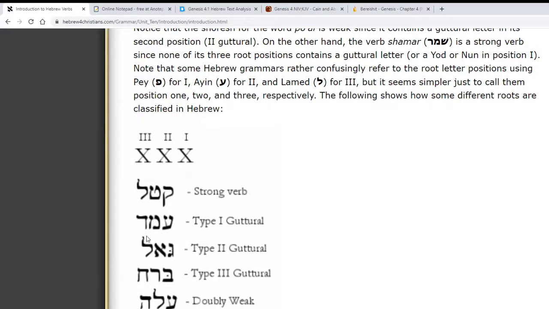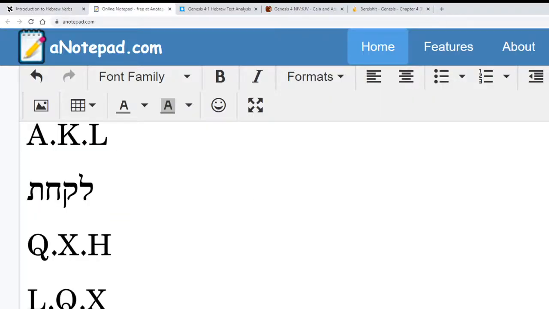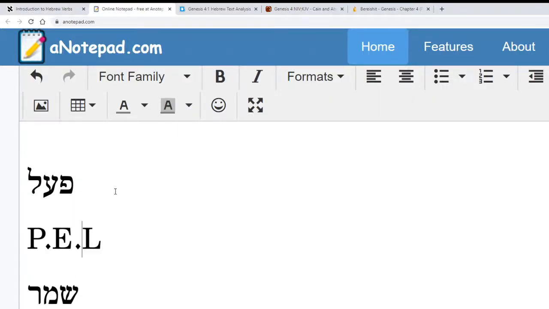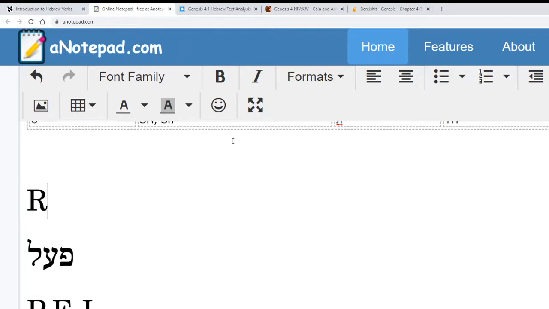Whereas the ones with the gutturals, and especially when you have a root that has more than one guttural, you're gonna start seeing, like, for example, vayar, to see, right? So pretty much everybody agrees that the root of yar is resh aleph hey, right?